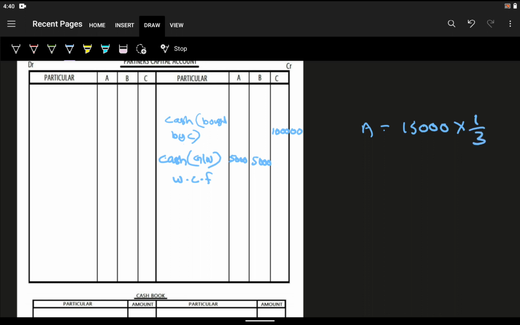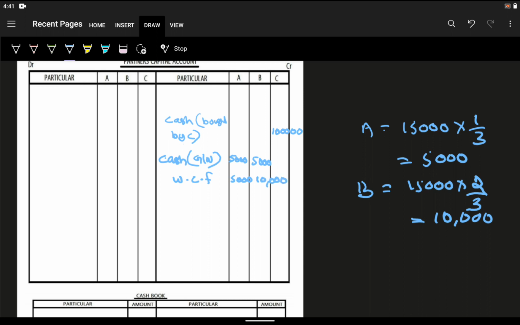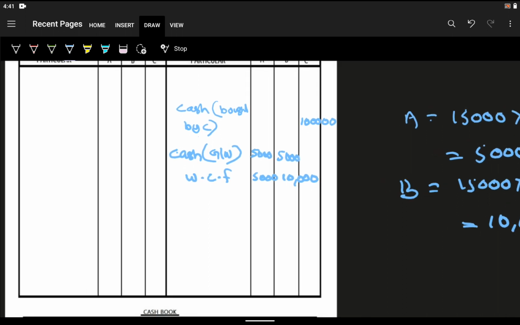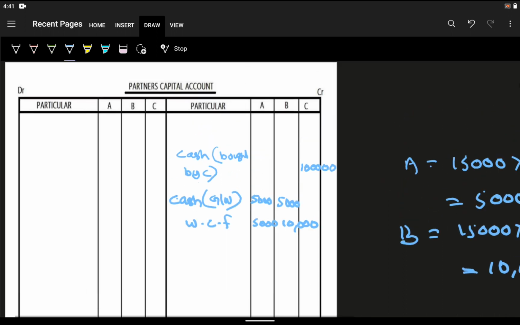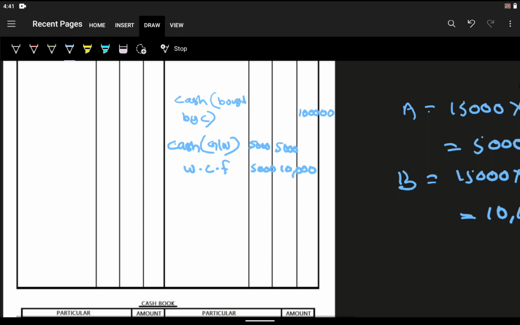So the amount will be 5,000 for A, and for B it is 15,000 into 2 by 3. It will be 10,000. Okay, so we will write here 5,000 for A and 10,000 for B. Okay, we will write like this.